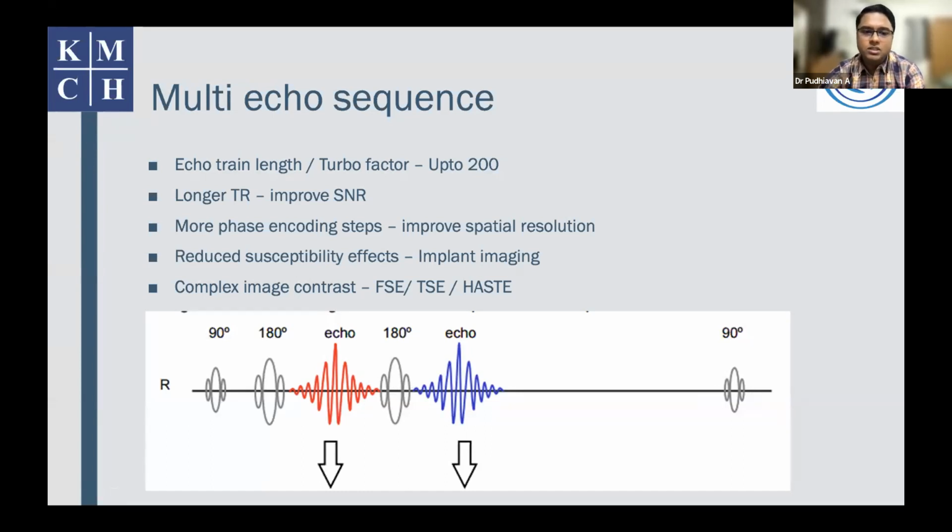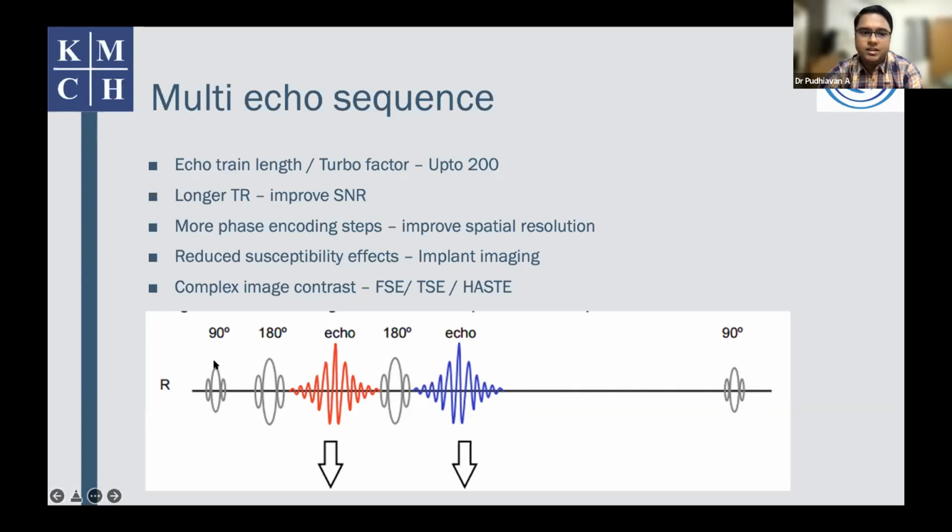So we start giving multiple 180-degree pulses and generating an echo or signal for every 180-degree pulse. This type of sequence is called a multi-echo sequence. There is something called an echo train length or a turbo factor, which is nothing but the number of 180-degree pulses given within a single TR period.